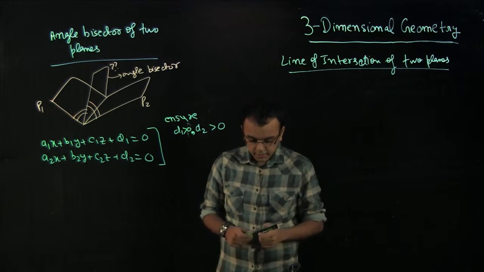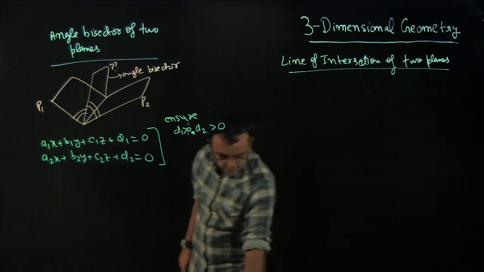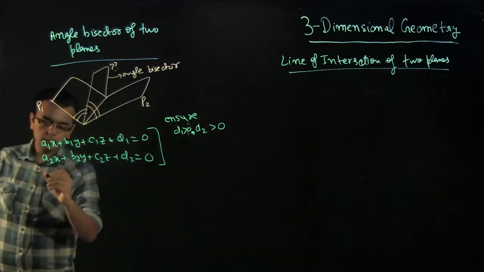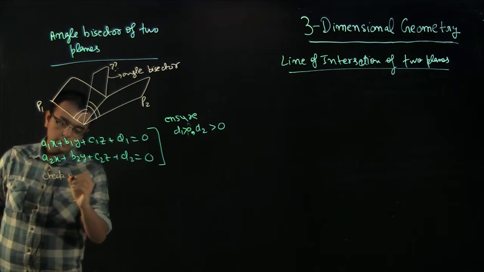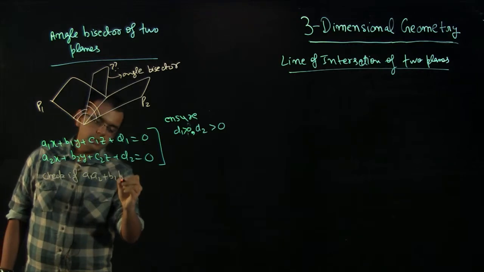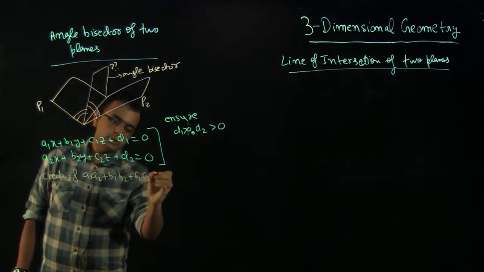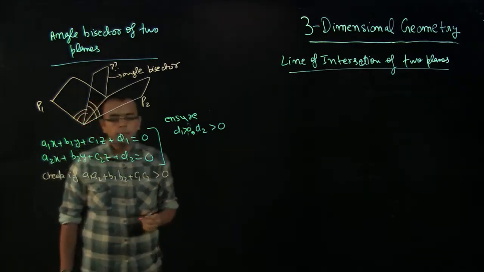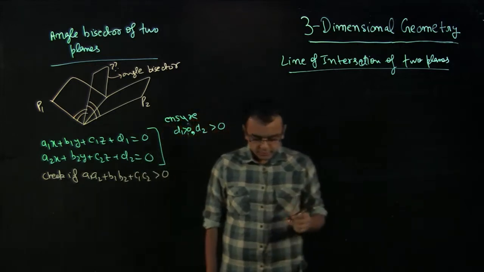Once you have ensured that, then check if A1 A2 plus B1 B2 plus C1 C2 is greater than 0.